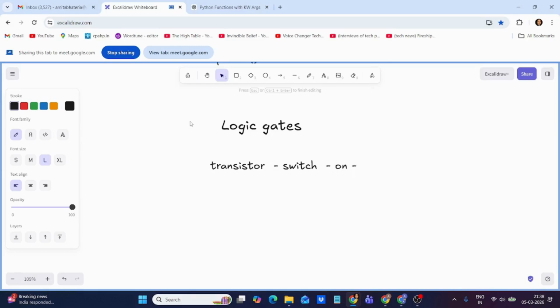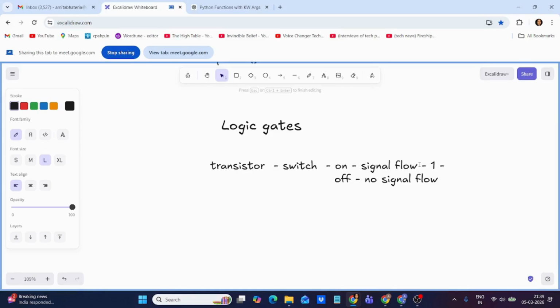On means there is a signal flow, right? And what does off mean? I told you on means signal flow, so what will off be then? No flow, right? So there will be no signal flow. What other thing can we represent a signal flow as? One. And what other?